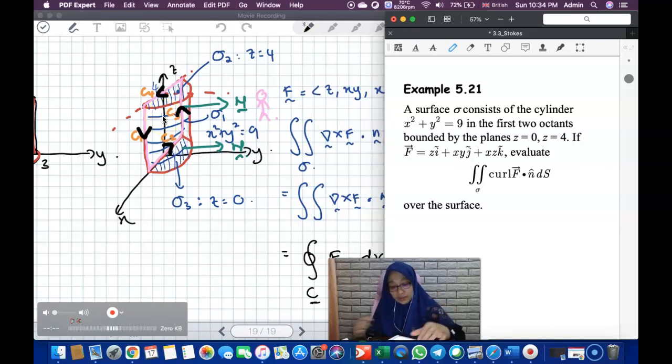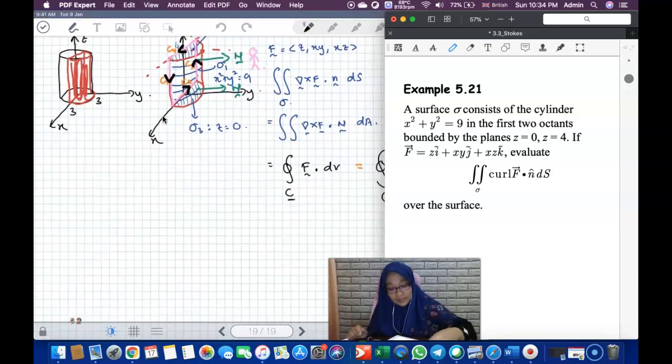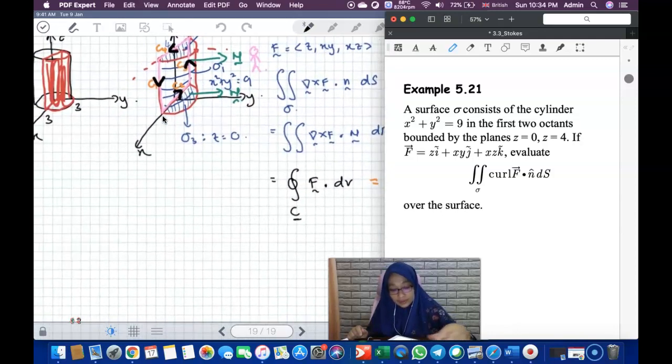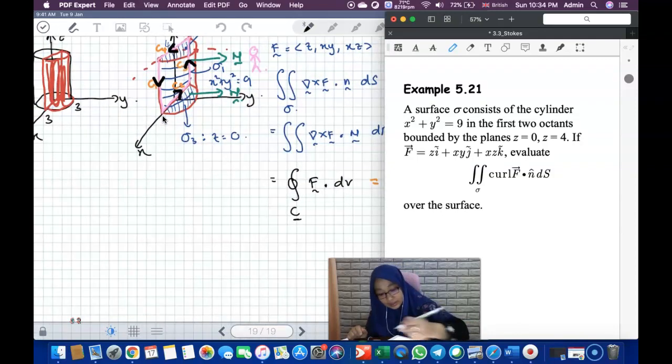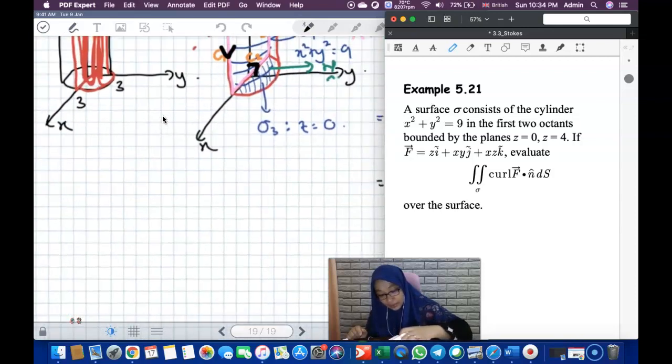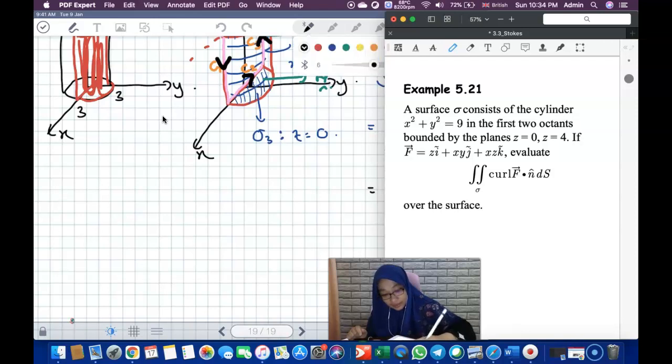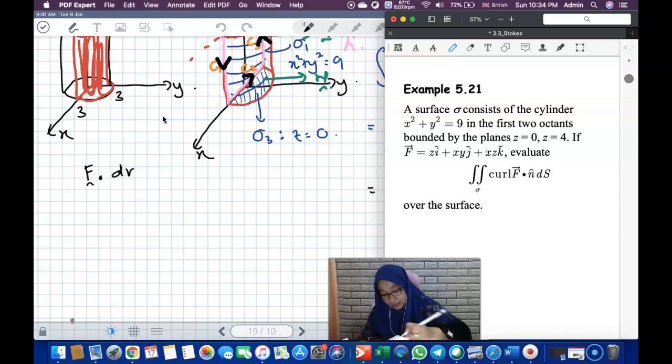So now it's time for us to compute every single line integral. Look at C1. When we are talking about C1, what is the equation that we have? Remember, here we have to find the dr. We have to obtain the f dot dr.